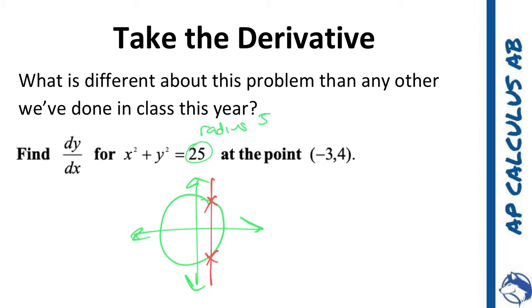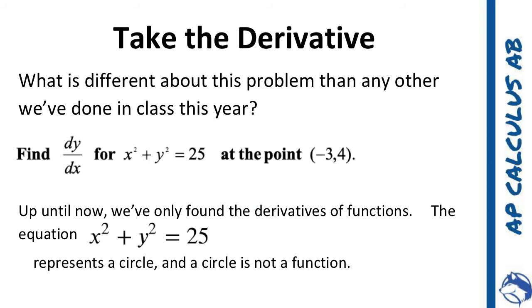So this is still an equation, and that's really the main difference here. So up until now, we've only found the derivatives of functions. So now we're doing equations, and that's really the big thing here, and we're going to have to use a different method.